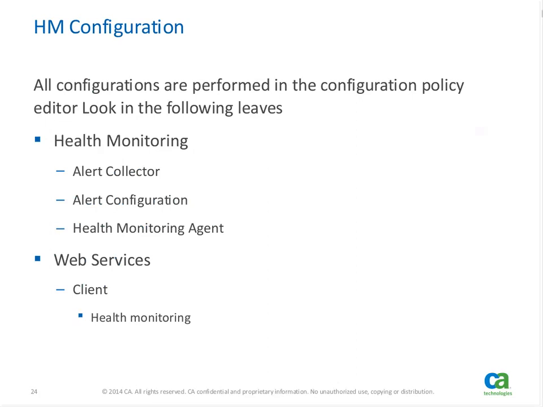Under health monitoring, the alert configuration and the health monitoring agent. Also for the client, in order to enable it and tell it where to point, you would go up into the Web Services tab.